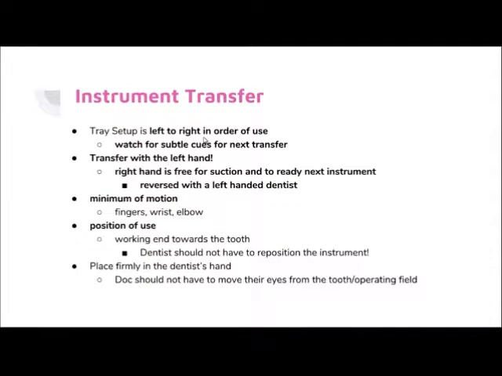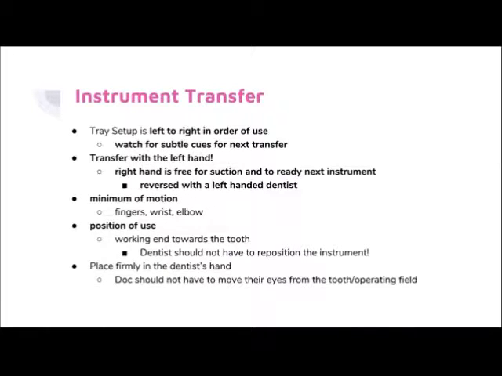So instrument transfer, let's chat about this for a little bit. Your tray is set up from left to right in order of use, meaning that the first instrument you use is going to be the one that is closest to the dentist, at your left hand. We then transfer instruments with the left hand.